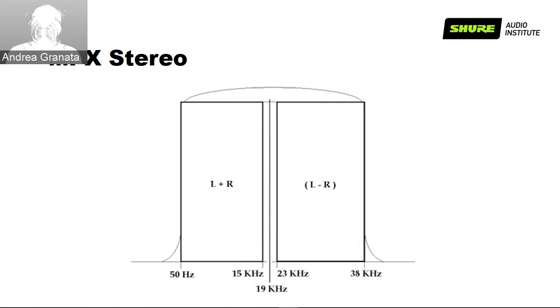You may wonder why they didn't put left from 50 Hz to 15 kHz and right from 23 kHz to 38 kHz. The reason is that this wouldn't be mono compatible.